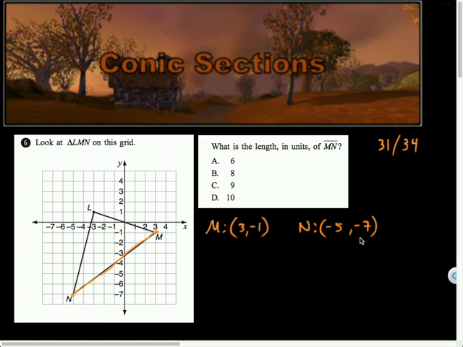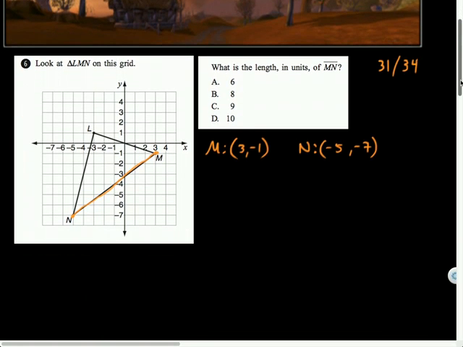I believe we would have been required to know the distance formula for ourselves. I don't think they give it to us on the NECAP test, or the SAT test for that matter. So what is the distance formula? Well, I'll give it to you.